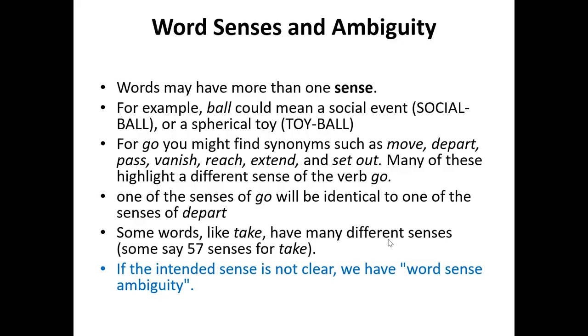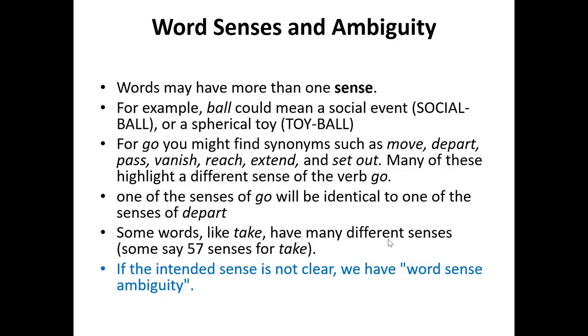Even go is a verb, and it has various synonyms, like move, depart, pass, vanish, reach, extend, and set out. Many of these highlight a different sense of the verb go. So one of the senses of go will be identical to one of the senses of depart.